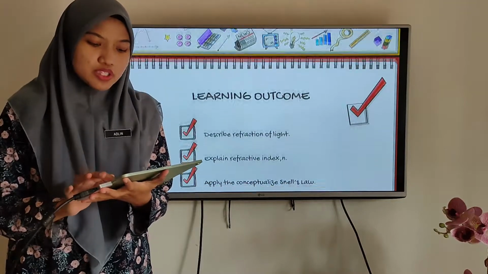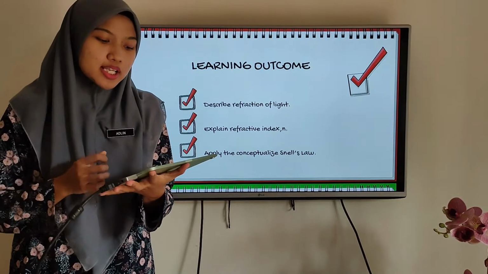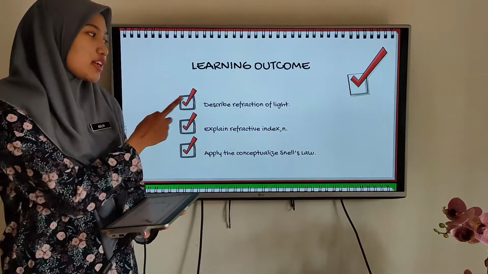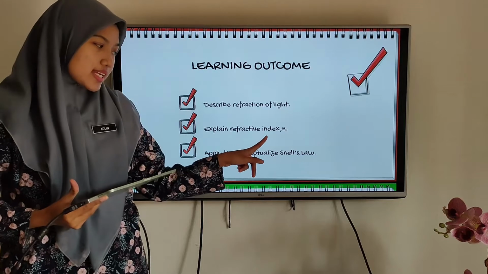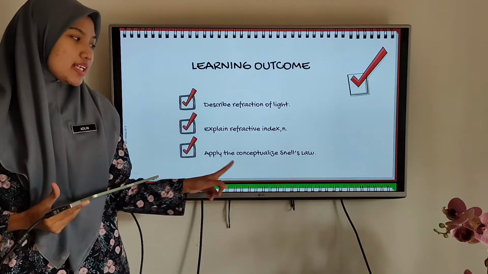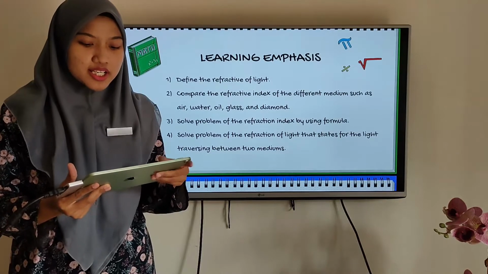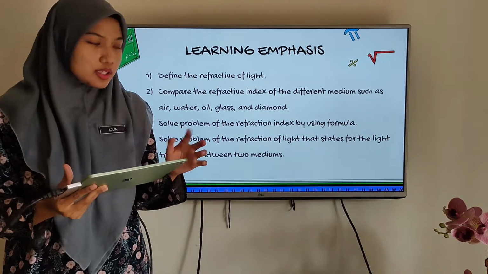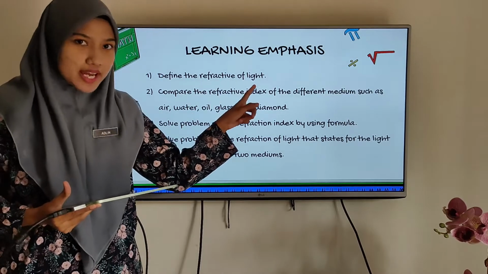Alright, before we start our lesson, I want to tell you about the learning outcomes. The first learning outcome is to describe refraction of light. Second, explain refractive index. And third, apply the concept of Snell's law. Alright, for the learning emphasis, students will be able to define the refraction of light.